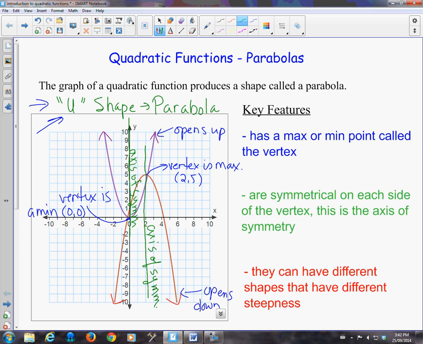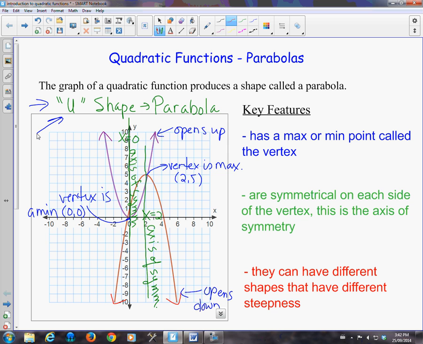The line that splits the parabola in half so that it's the same on both sides of that line. The axis of symmetry is in the middle. So in my purple parabola, the axis of symmetry is on x equals 0. On my red parabola, the axis of symmetry is on x equals 2 because it goes through 2 on the x-axis.